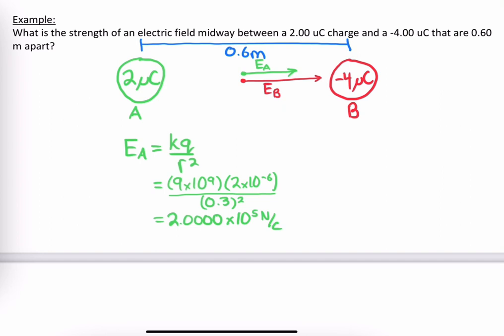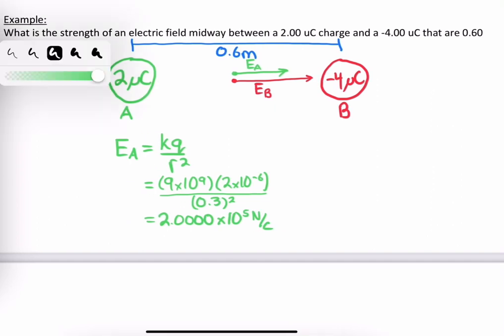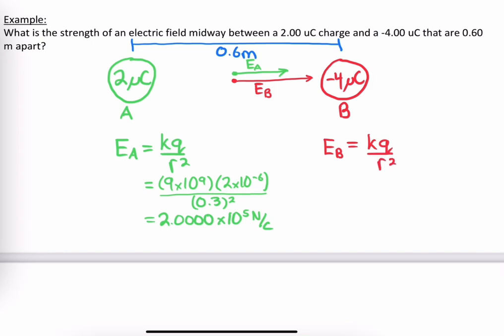newtons per coulomb. Okay, how about the red field, or the field created by this red charge? Let's calculate that too. The electric field created by charge B can also be found using the same formula.